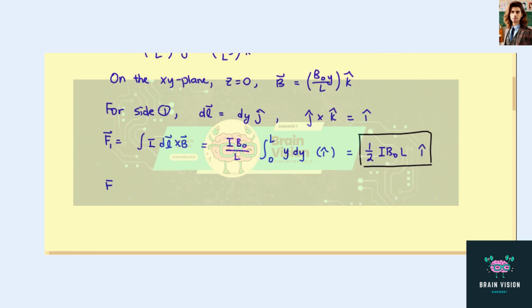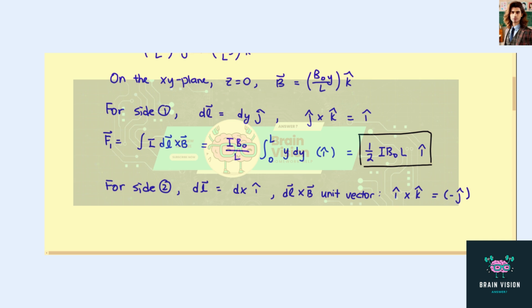For side 2, our dl is dx i hat. So dl cross the B unit vector, i hat cross k hat, is going to give minus j hat.